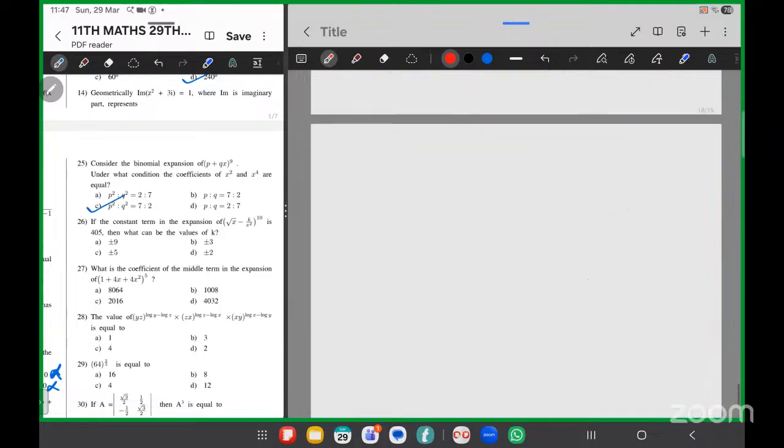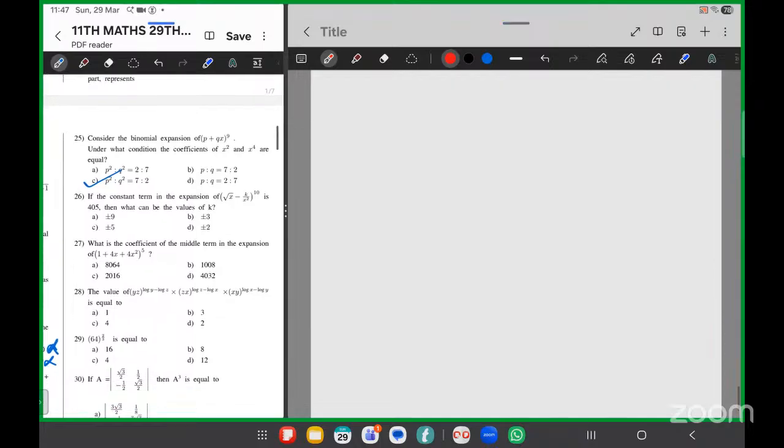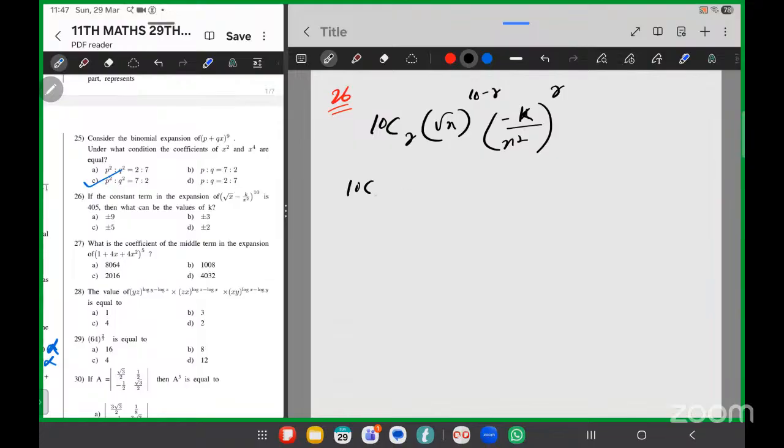Then question number 26. If the constant term in the expansion is 405, then what can be the values of k? So here I can write 10Cr root x raised to 10 minus r into minus k by x square raised to r.